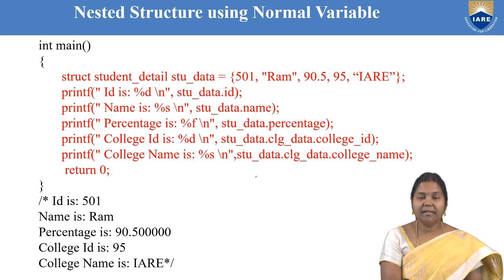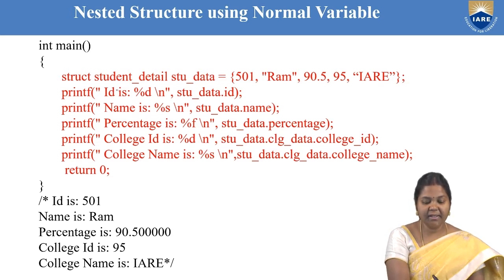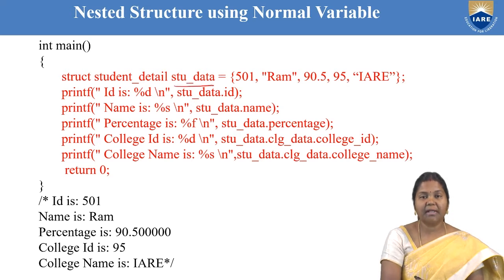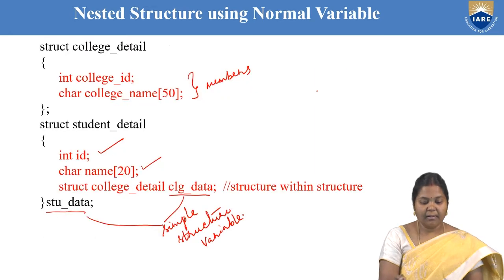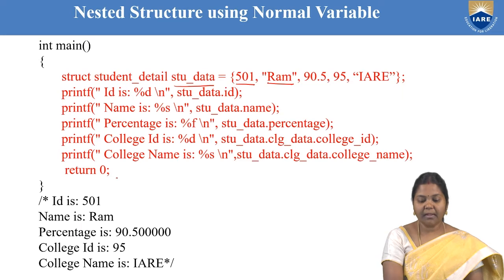Now, let us create one record first for the student_detail structure. For the student_detail structure, student_data is the variable name, and it has the ID and the name, and then the details for the embedded structure.